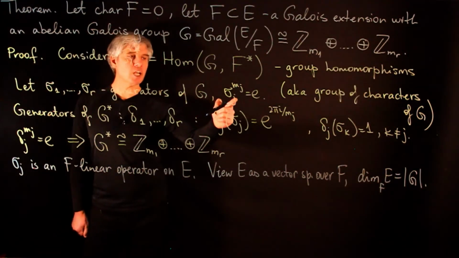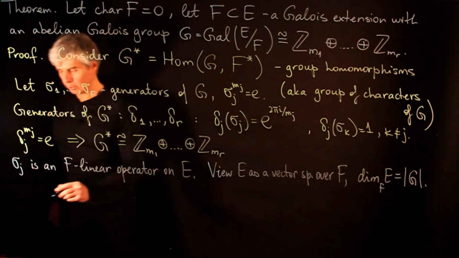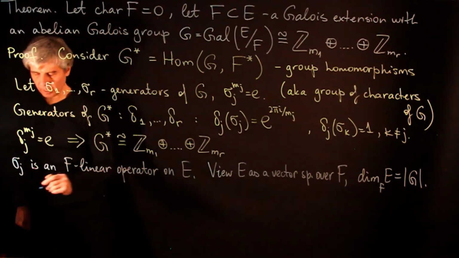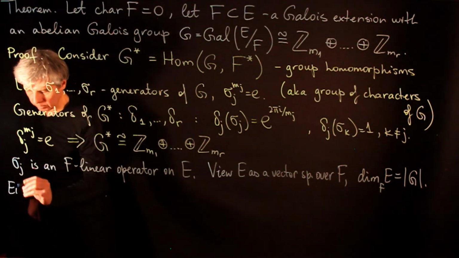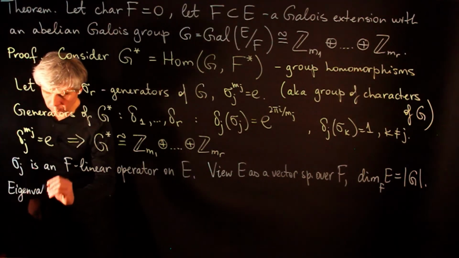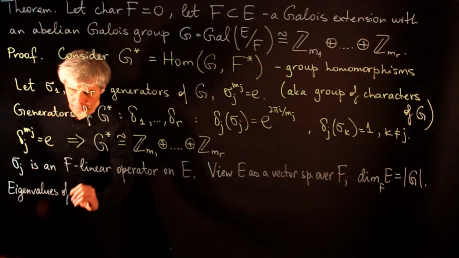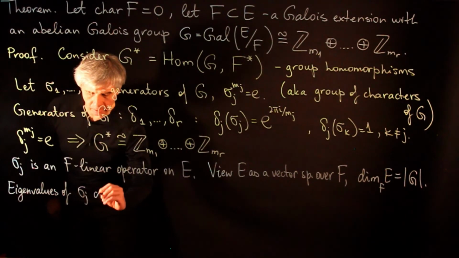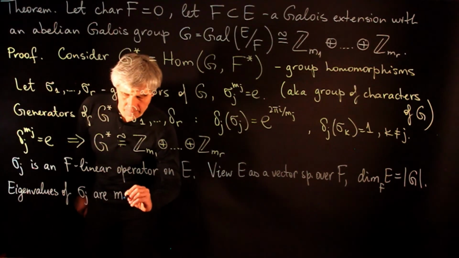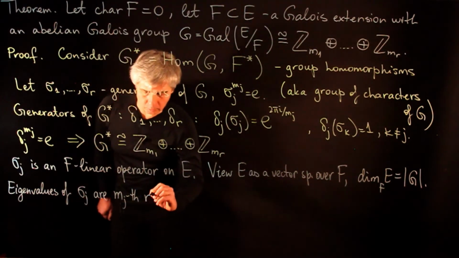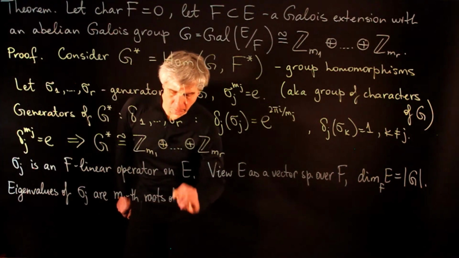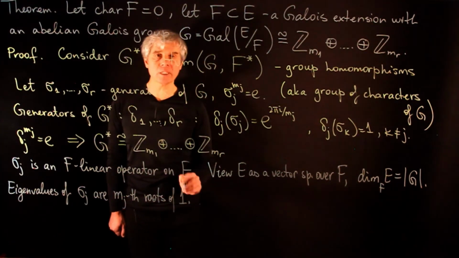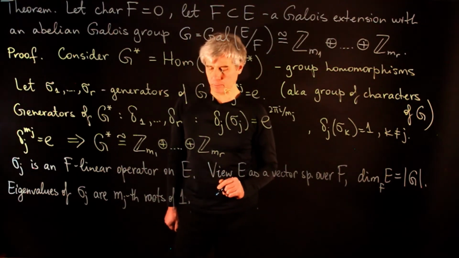Since sigma j has order mj, this tells us that as a linear operator, the eigenvalues of sigma j are mjth roots of 1. And by our assumption, they are all in F.